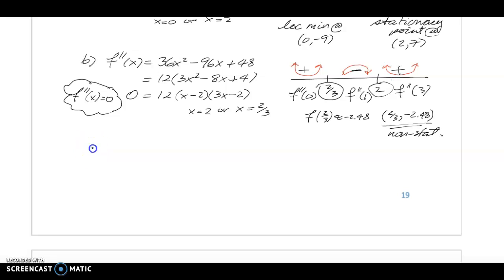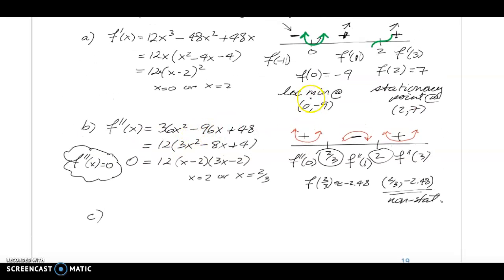Further, we want C. And for C, we can already know what the interval is where it's increasing and decreasing. Notice that it was decreasing all the way up to 0 and increasing for the rest.